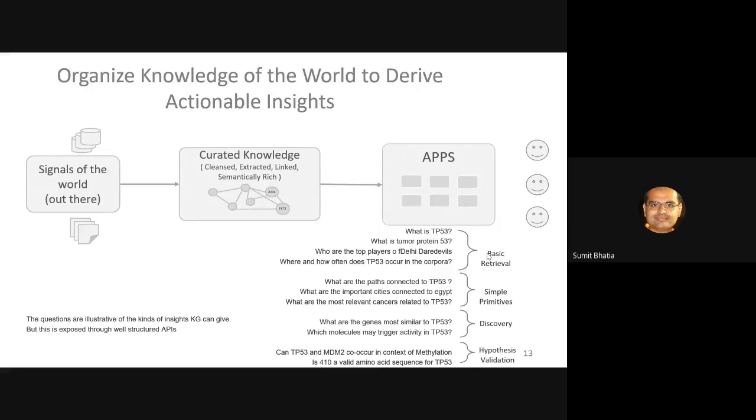Okay, let me evaluate drug A, drug B, and drug C. All these types of applications can be developed. This is actually an actual collaboration we did with a medical college in Texas on automated hypothesis generation for drug discovery.